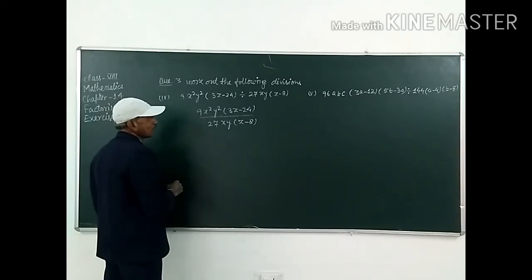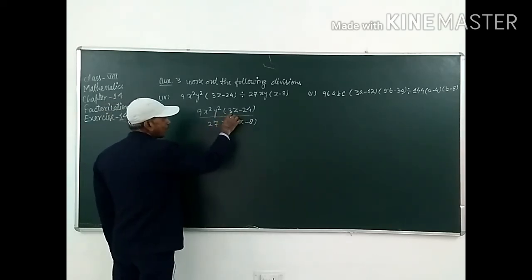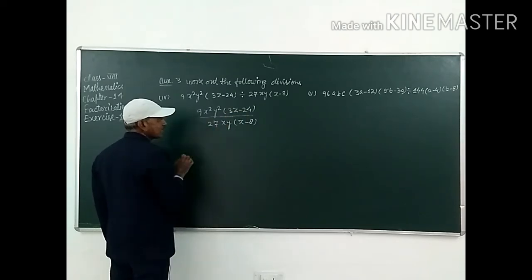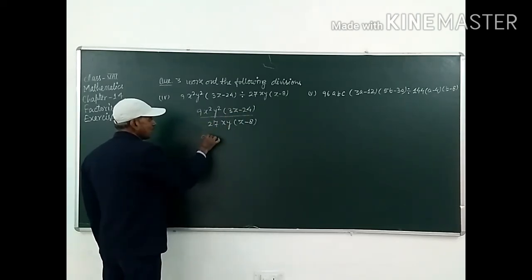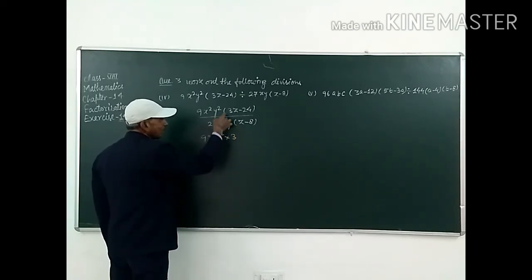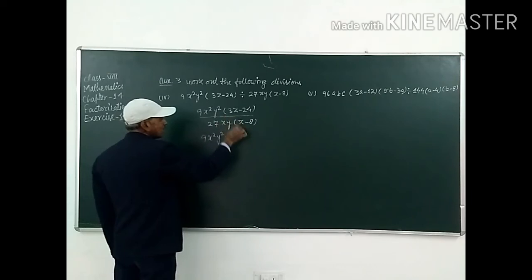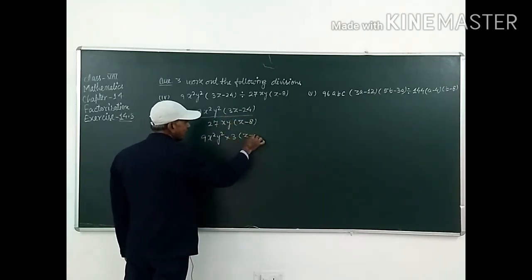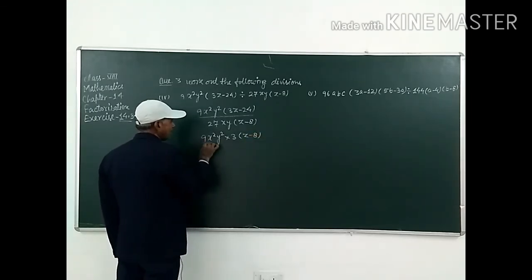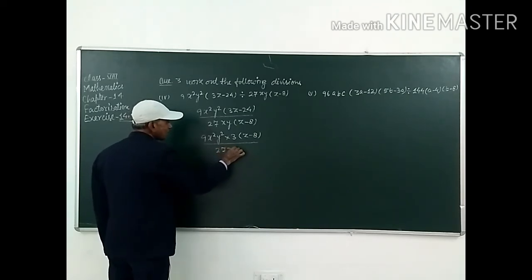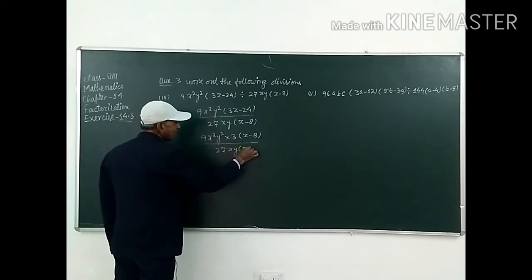And in the third step, students, we have to take common in these two terms, because 24 is a multiple of 3. So we have to take 3 as common. So this one 9x square y square into 3. We have taken 3 as common, so only z will remain here, and 3 times 8 is 24, minus 8, and the denominator will be 27xy and z minus 8.